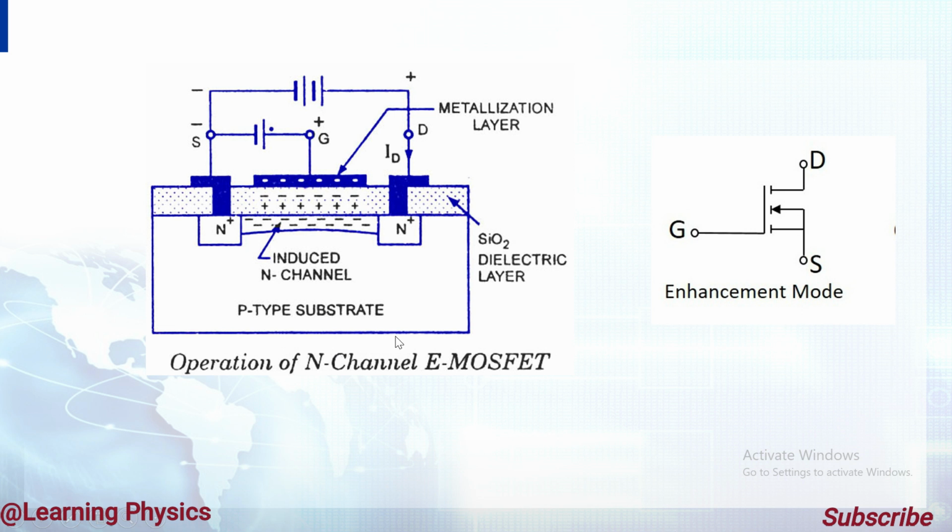This is also a schematic diagram of the E MOSFET, and this is the symbolic representation of the enhancement mode field effect transistor. We will discuss their functioning in detail in coming lectures.